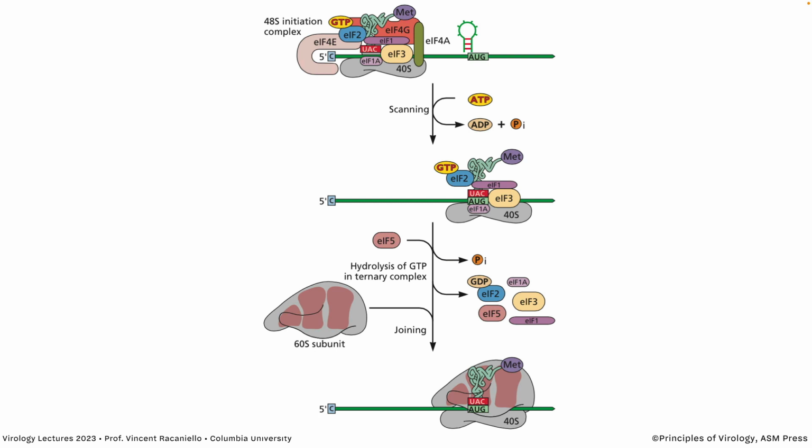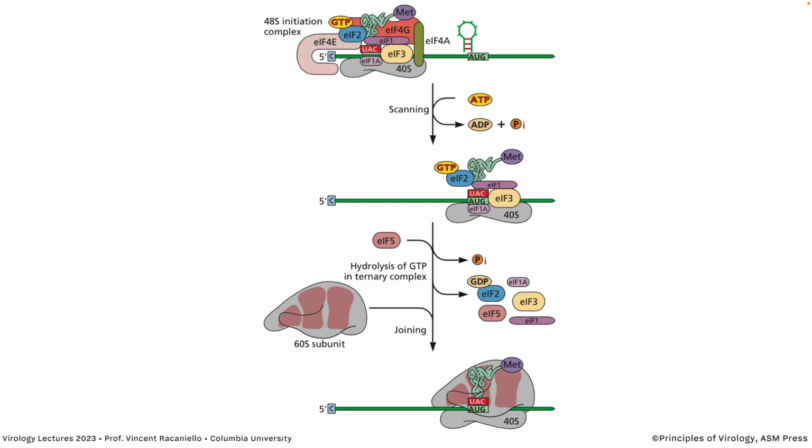So the cap is essential for recruiting the ribosome to the mRNA. And then the complex starts to move down from the 5' end in a process called scanning. And when it reaches the AUG codon, then what's called the ternary complex, which is basically a Met tRNA with a number of other proteins associated with it, and the anticodon UAC, which matches the AUG, comes in and binds, and then the 60S subunit is recruited.